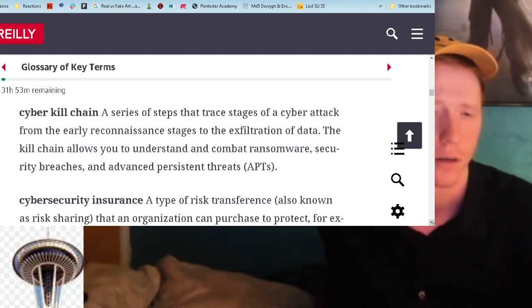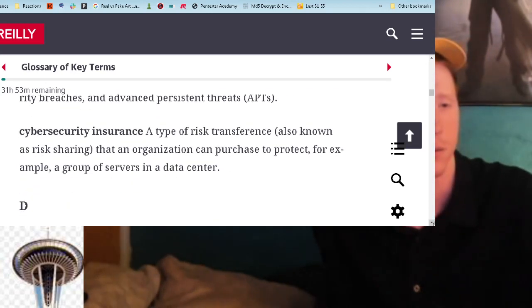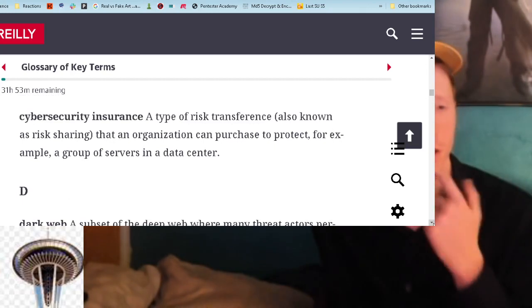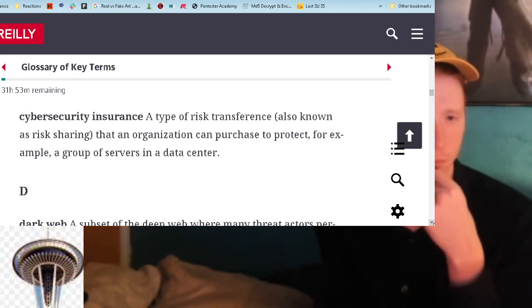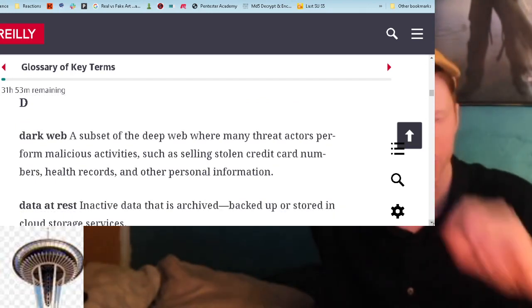So they see what they can do, and then they get data. Cybersecurity insurance. It's insurance for cybersecurity.